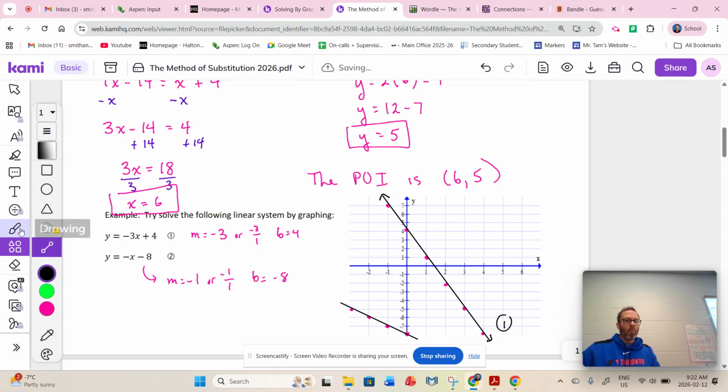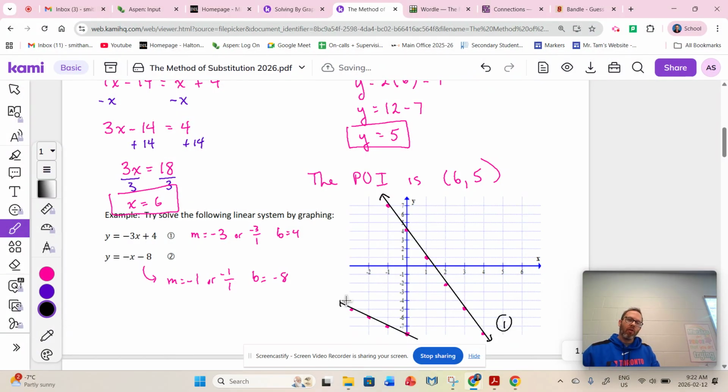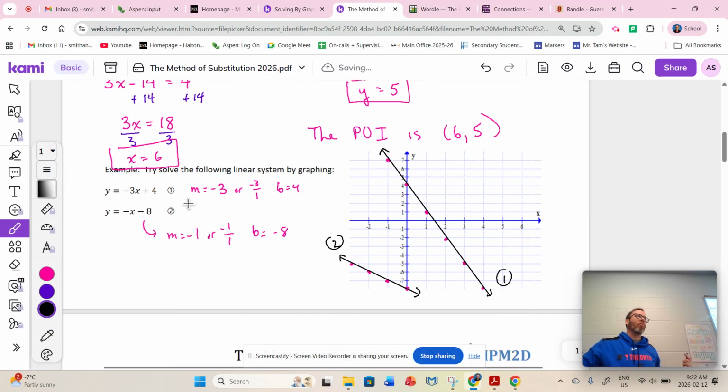Now I think many of you guys can visualize these 2 lines are going to meet, but they're going to meet somewhere off of our graph. Would you guys agree? They're going to converge somewhere, but I didn't make my graph big enough. We can't see it, but there still is going to be a point of intersection. Fortunately, we now have a method where we can find where they meet without relying on a graph.